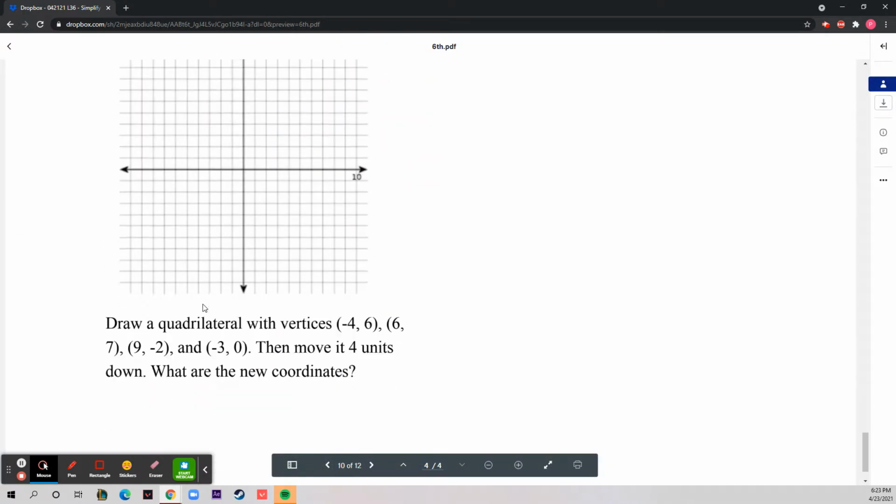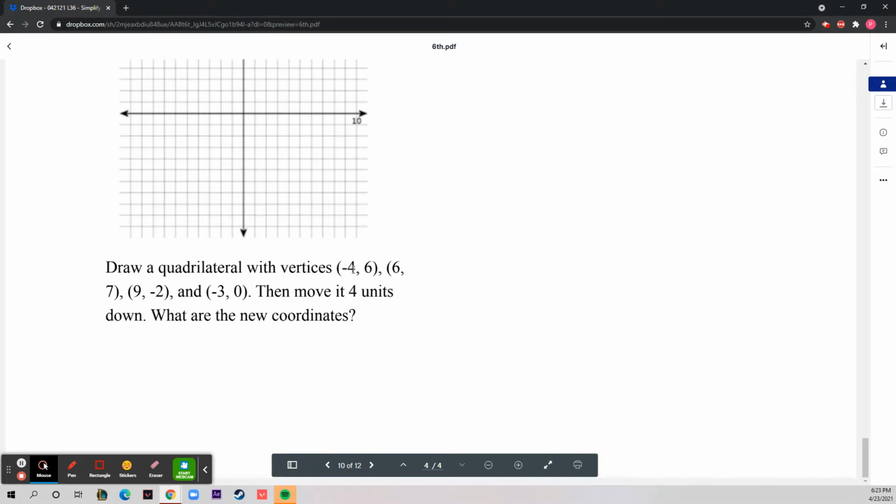Okay, number 2, vertices negative 4, 6; 6, 7; 9, negative 2; and negative 3, 0. Then move it 4 units down. Okay, same as before, it says 4 units, so you know that whatever you're doing, it's going to be by 4. And then it says down, which means that it's going to be affecting the y coordinate, because it's not left or right, it's up or down, in this case down.